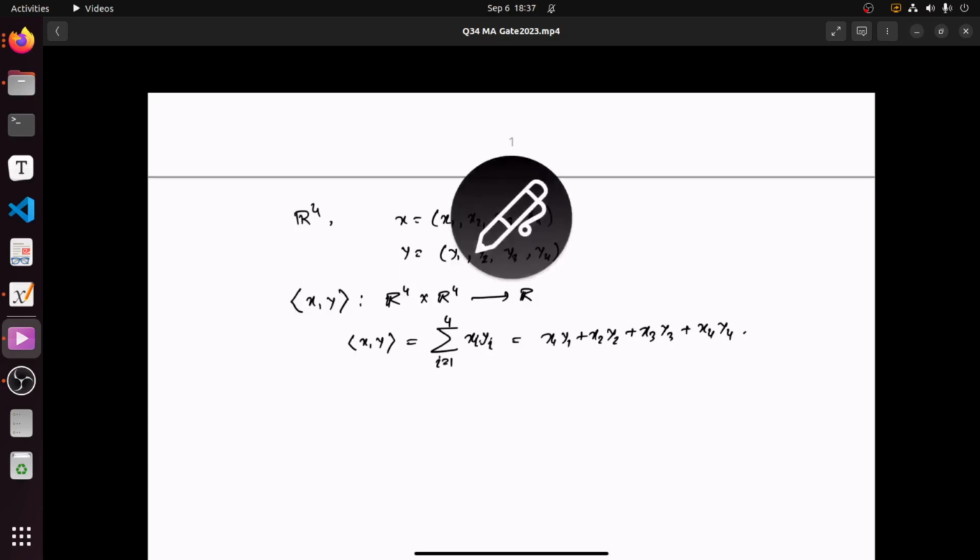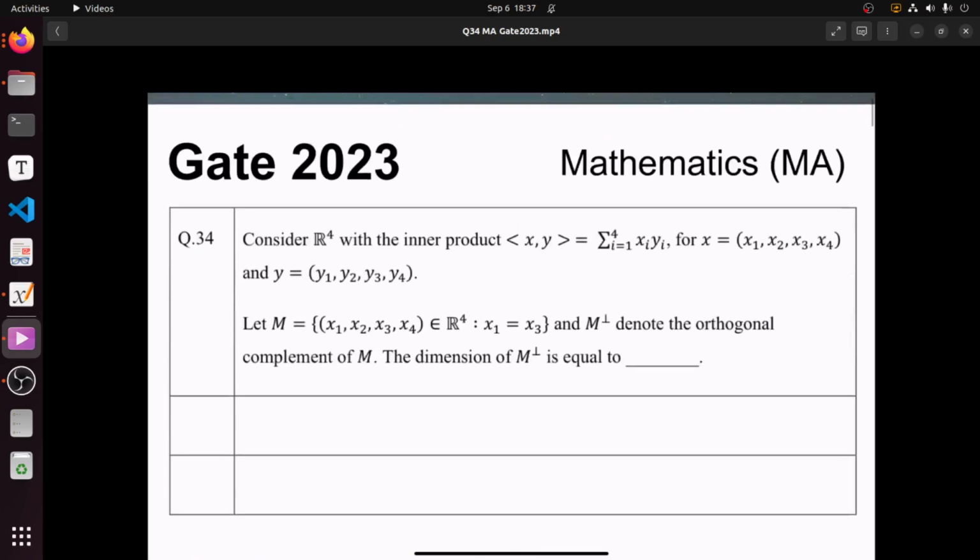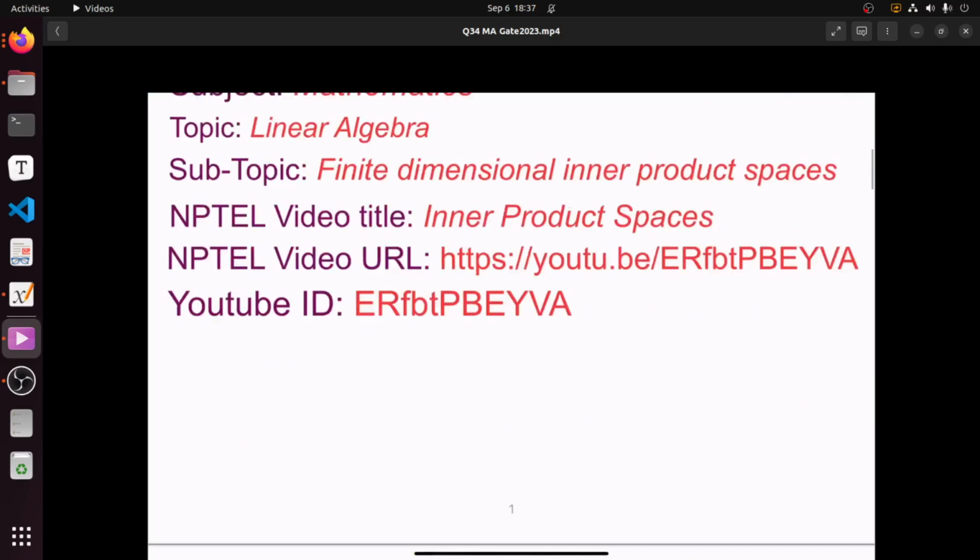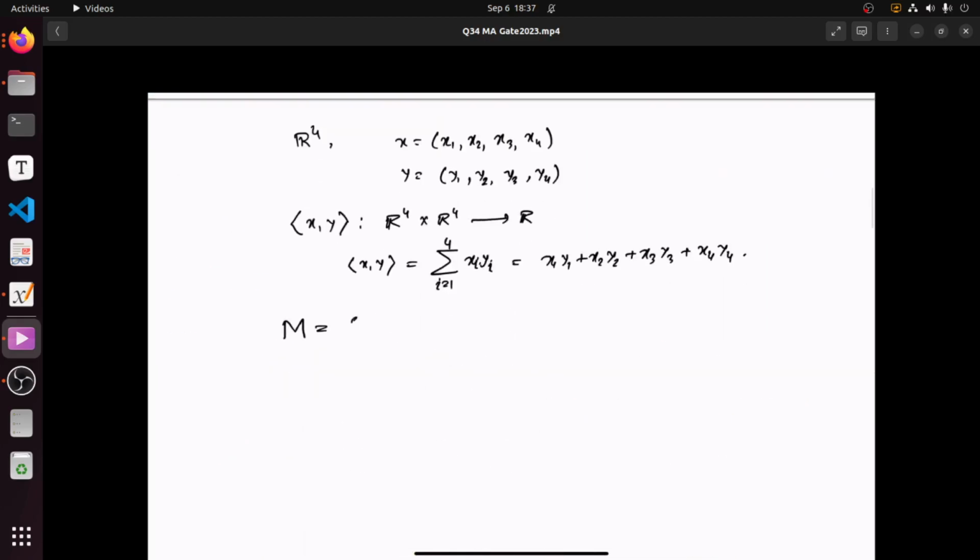Okay, and it is given that M is a subspace of R4, given by all x1, x2, x3, x4 belonging to R4 such that x1 equals x3.